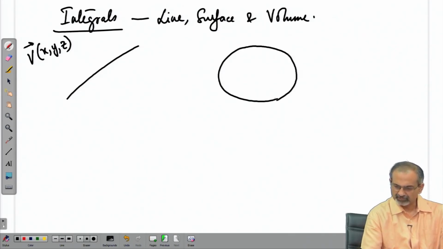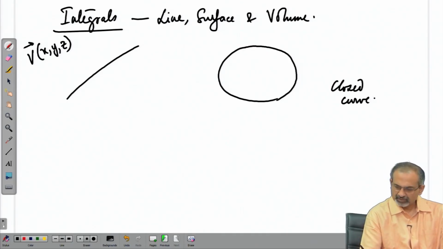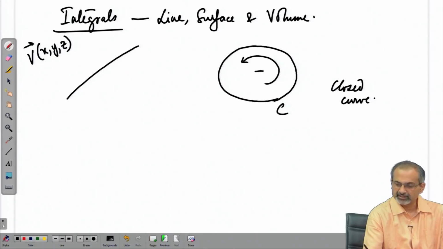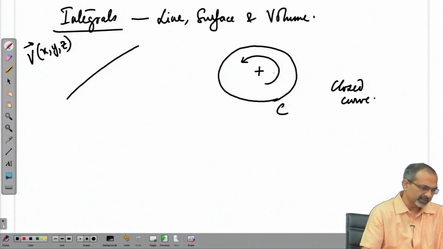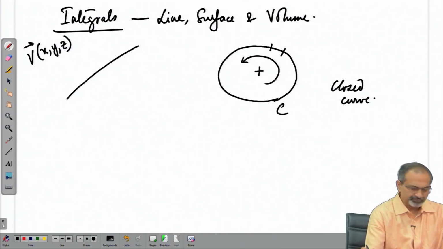One is an open curve, the other is a closed one. This is a closed curve, and we are calling the curve C. We are traversing it in the counterclockwise direction and considering that to be the positive direction, and we are marking a small segment on it which follows the same direction.